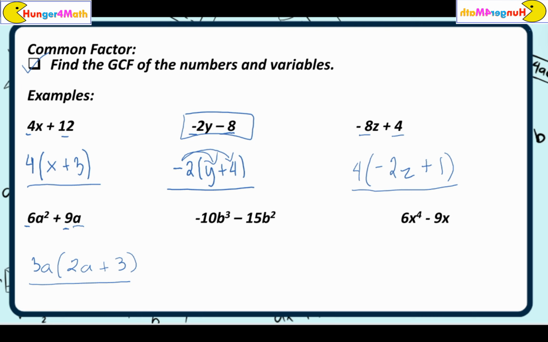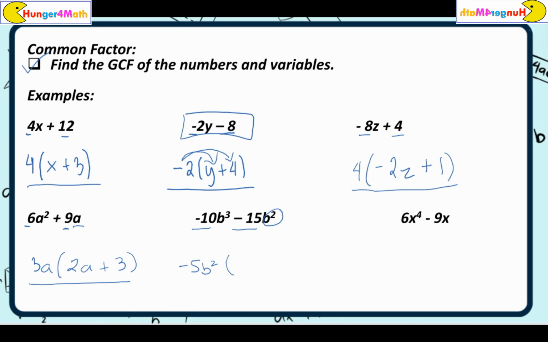Next, here we have negative 10b cubed and negative 15b squared. So the GCF is negative 5. Once again, since they have the same variable, we have to get the variable with the smallest exponent. So that will be negative 5b squared. Now let's divide.